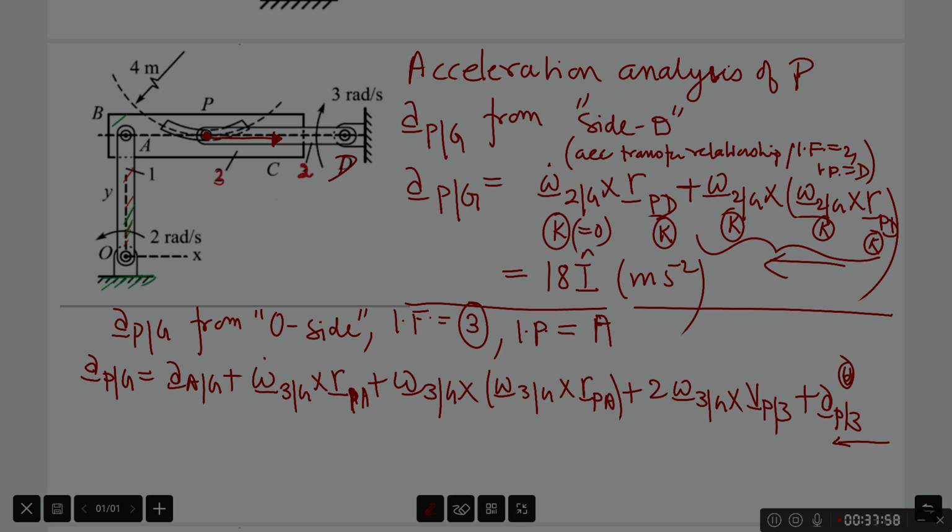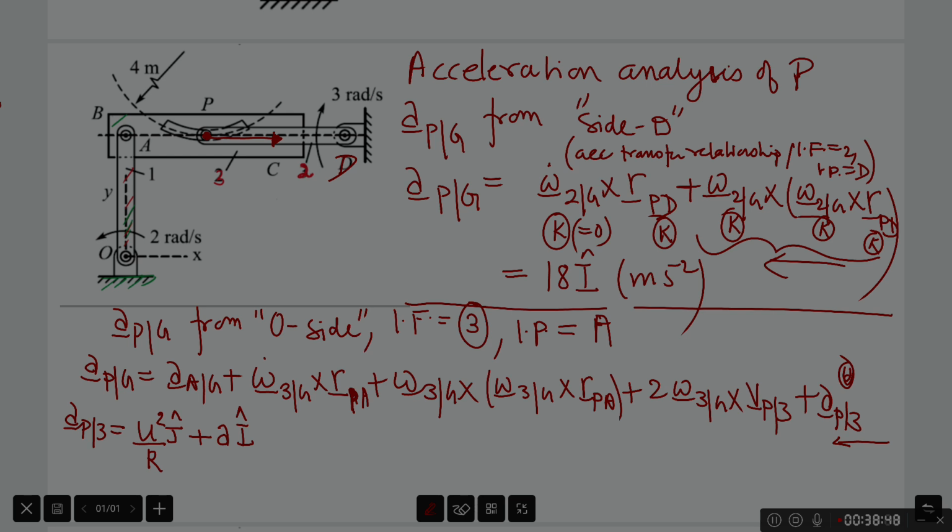So right now this is a vector unknown, AP3, but I can write AP3 in this form. What is the basis of writing AP3 in this form?